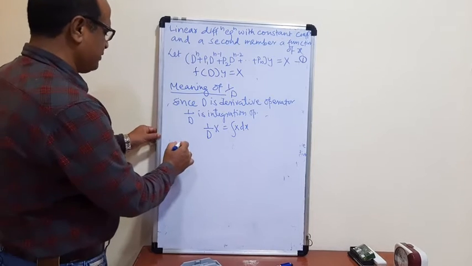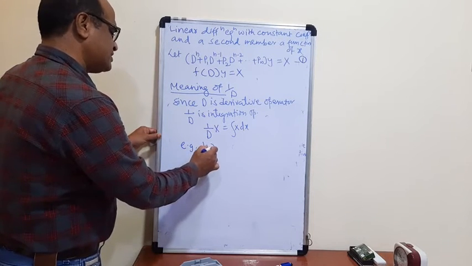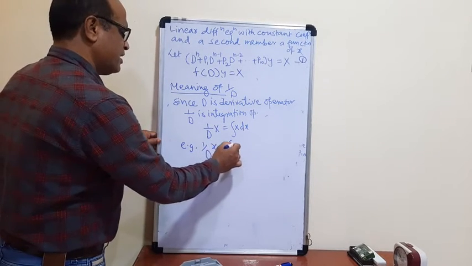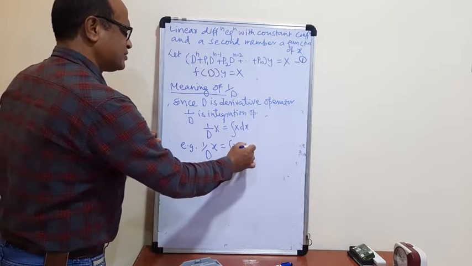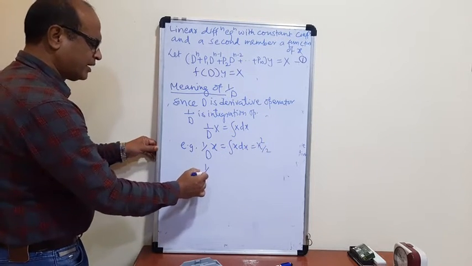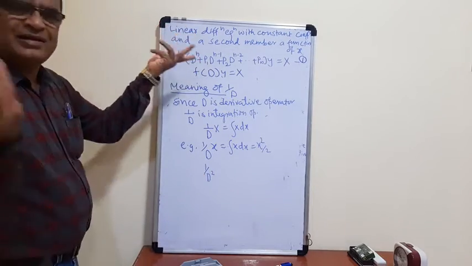So for example, we take an example. What is 1 upon D of X? Simply small x; capital X is a function of small x. So this is integration of x dx, which is x square by 2. Now 1 upon D square is the operator D square, D raised to n and so on.